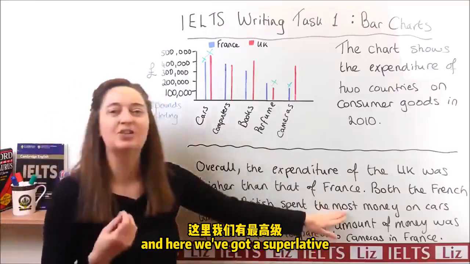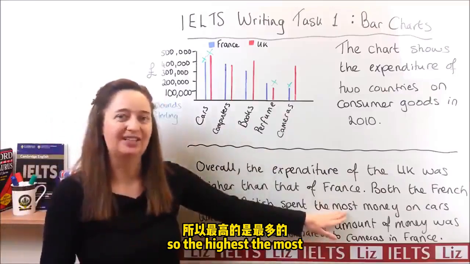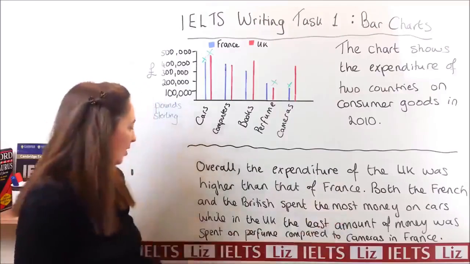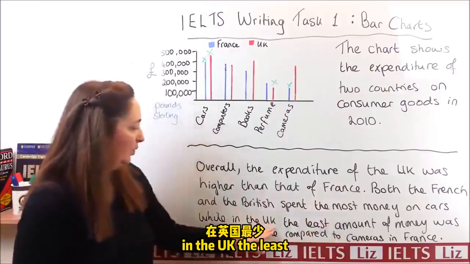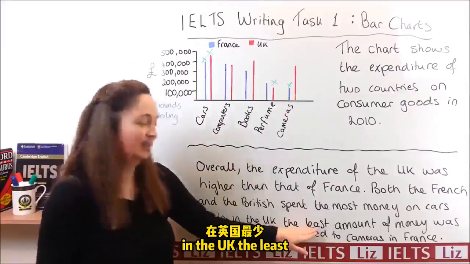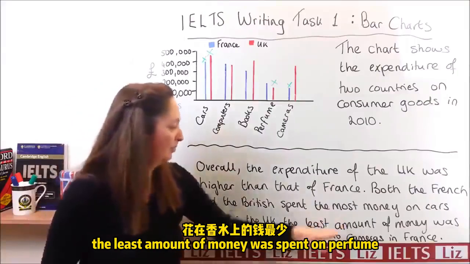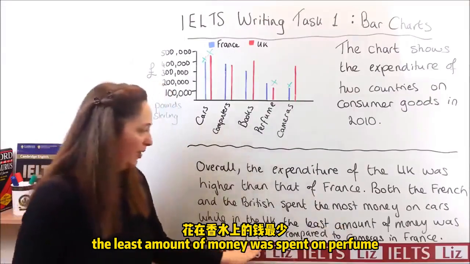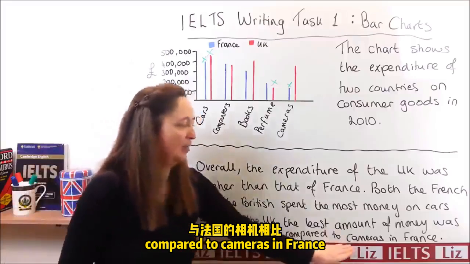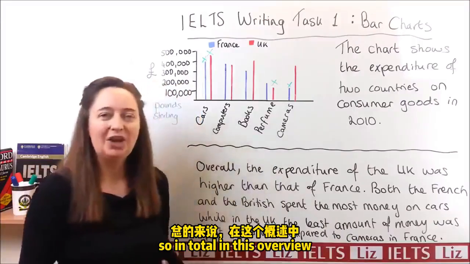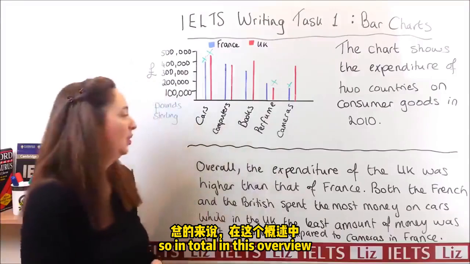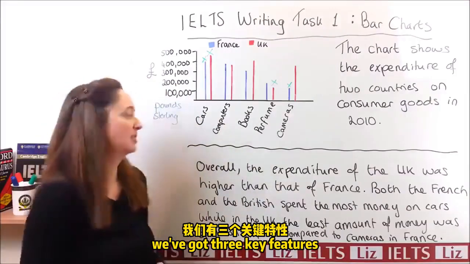And here we've got a superlative, so the highest, the most. While in the UK, the least, again this is a superlative, the least amount of money was spent on perfume compared to cameras in France.